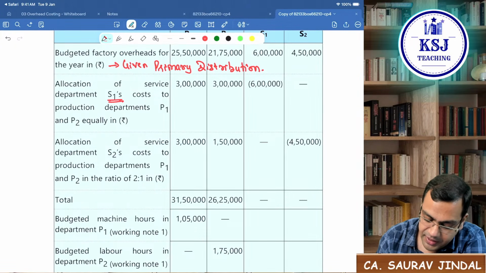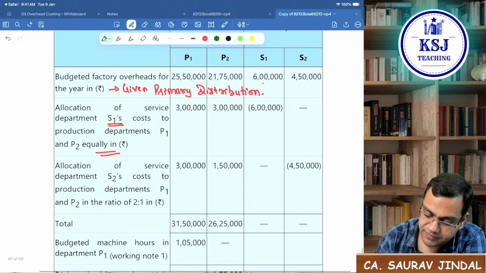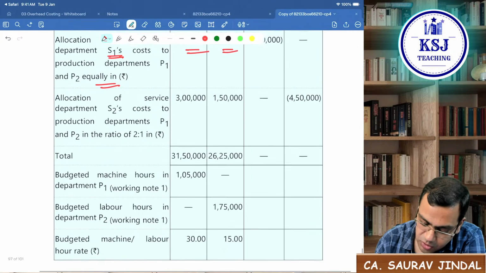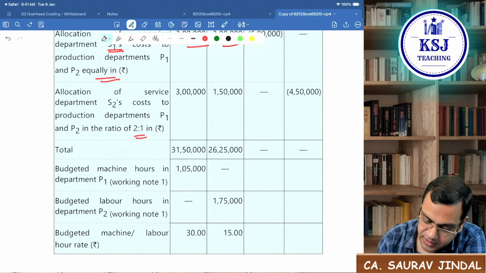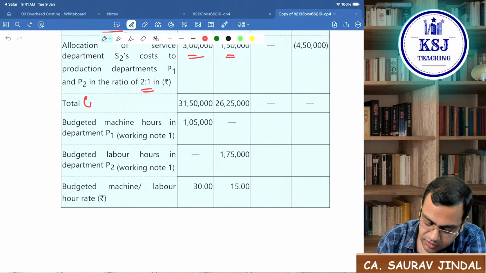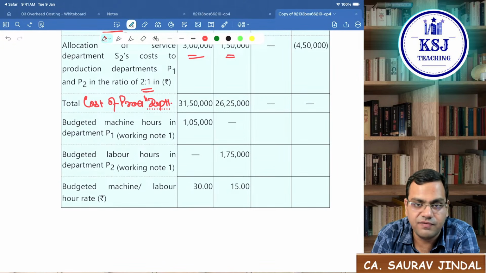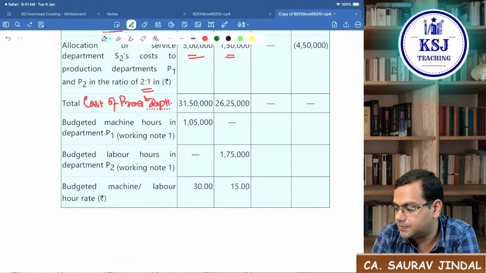S1 is to be distributed equally, so this S1 has been distributed equally. S2 is to be distributed in the ratio of 2:1, so it will be 3 lakh and 1,50,000. This is the total cost of production departments, the total cost given for production departments.